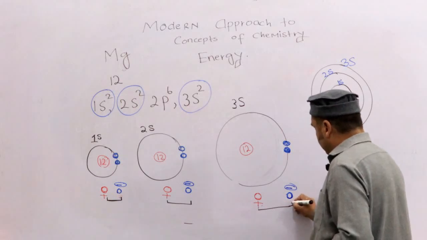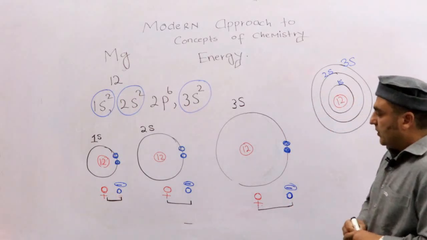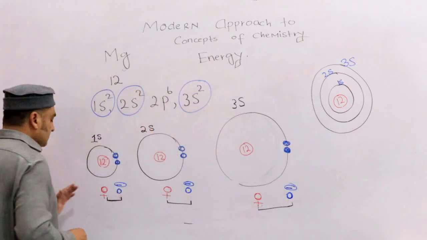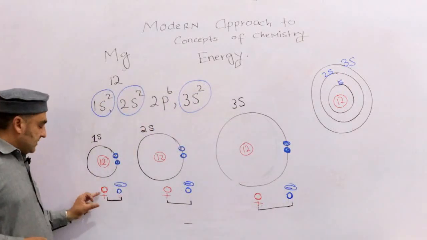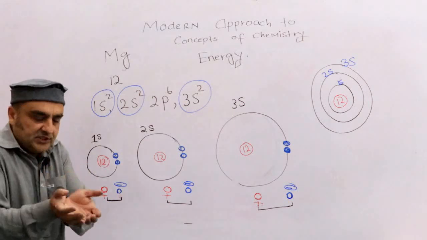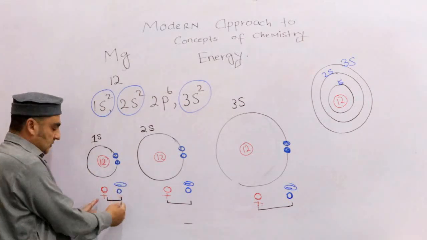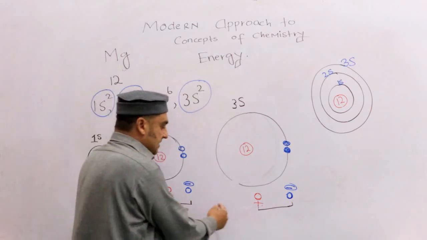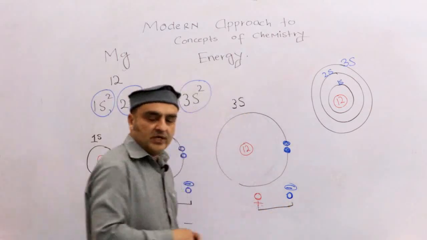I should exaggerate it a little bit more. Okay, so what is happening here? These are protons, the nucleus. Suppose you extracted the nucleus out, and these are the electrons. Here it has a small distance, now it has a bigger distance, and here the distance is very large.